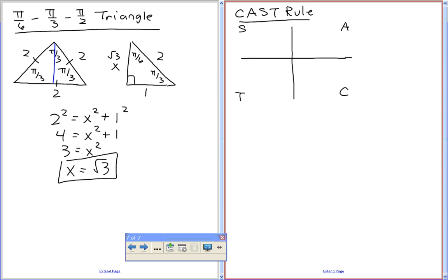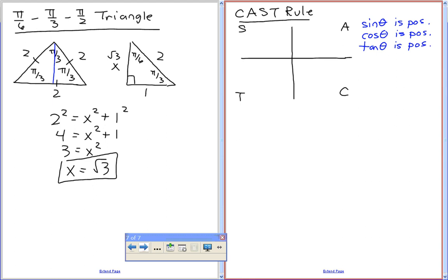What does the A actually mean? All are positive. If you need me to write it out, that means sine theta is positive, cos theta is positive, and tan theta is positive.